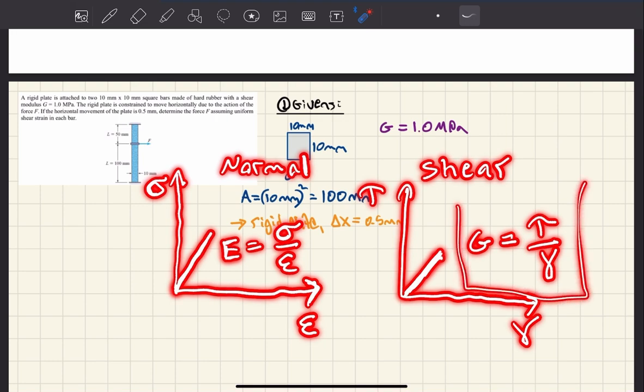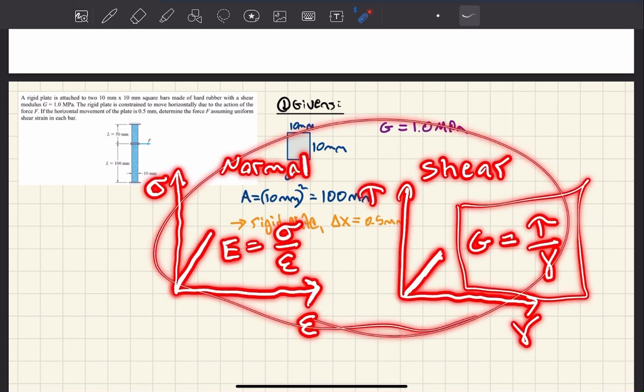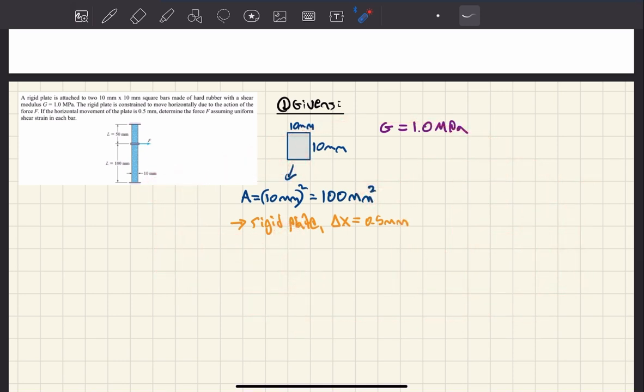This is the one we're going to use in this question, but this is where the concept stems from. It differs between different materials, and it's very useful for future courses, so I won't get into why, but take my word for it. Okay, so we've established that the modulus of rigidity is equal to tau over gamma.